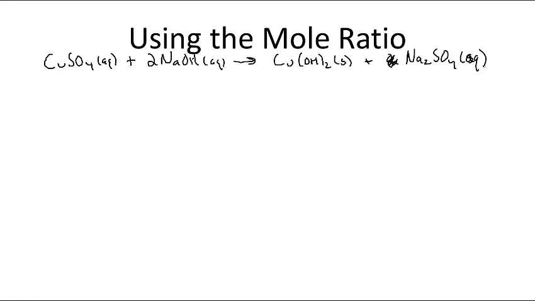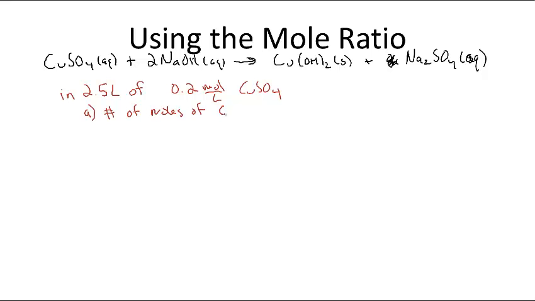Let's just say that I had 2.5 liters of 0.2 moles per liter copper sulfate. A, how many moles of CuSO4 are there? B, how many moles of NaOH are needed to react all the way?